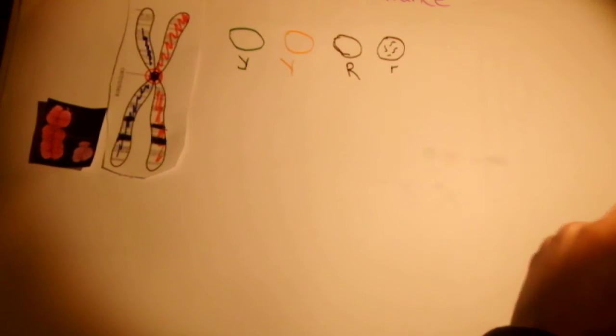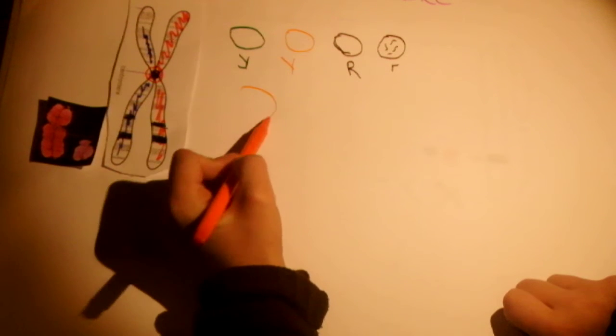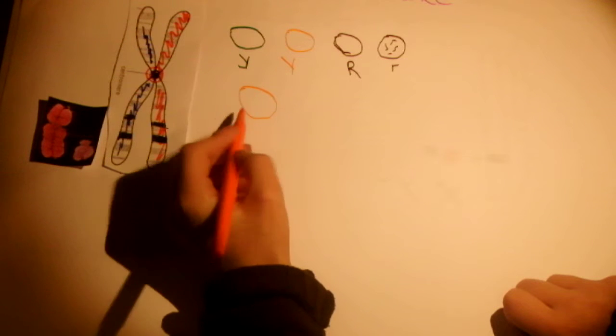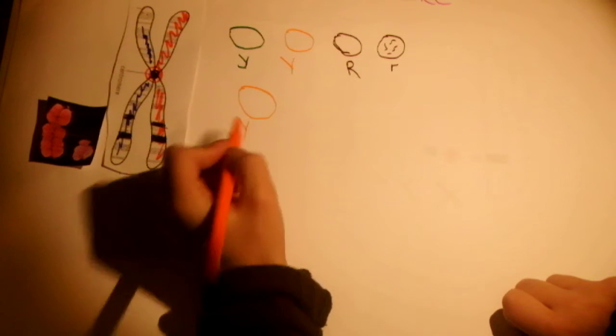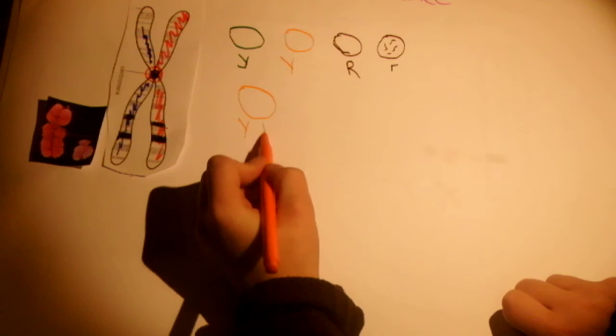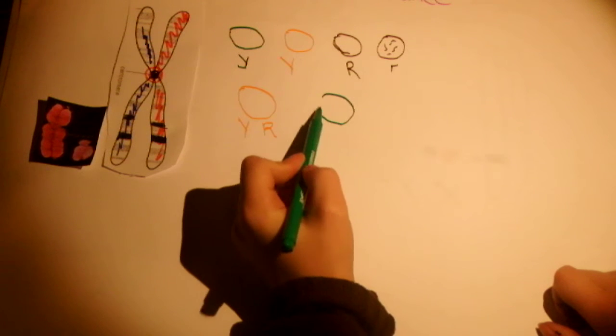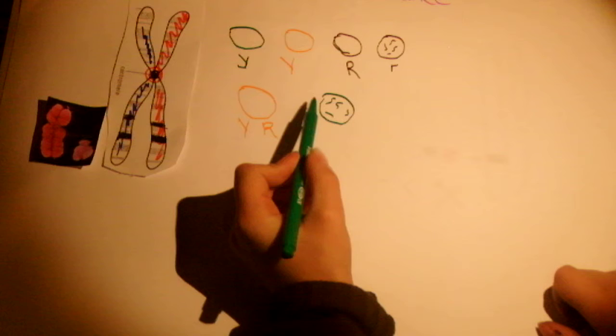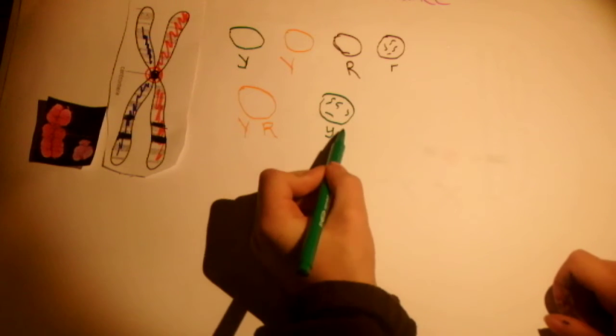So, for example, we have one yellow round parent, which would be dominant Y and dominant R, yellow round, and a green wrinkled. So that's the green wrinkled, with 2 recessive alleles as the gametes.